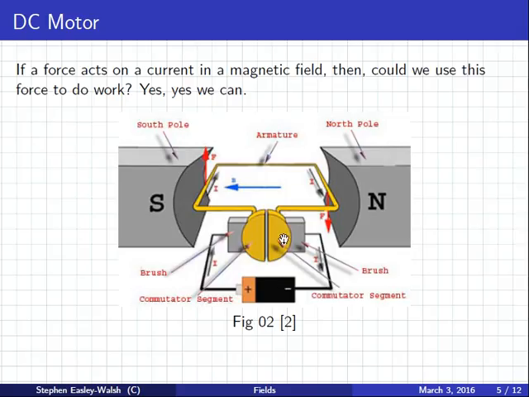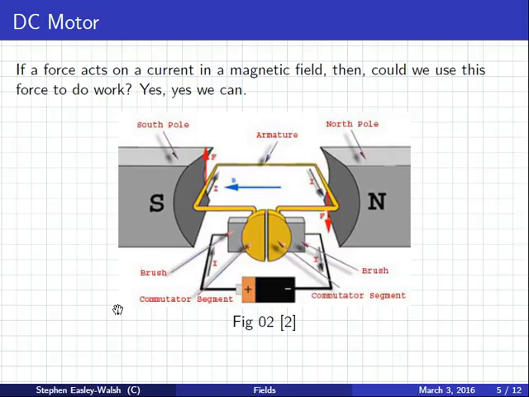Okay, so this is a carbon brush and this is called the commutator ring or segment, and there must be a little gap here. This is the armature, which is basically the little thing that moves, that turns. You could imagine a wheel here or something here. These are the magnets, of course.